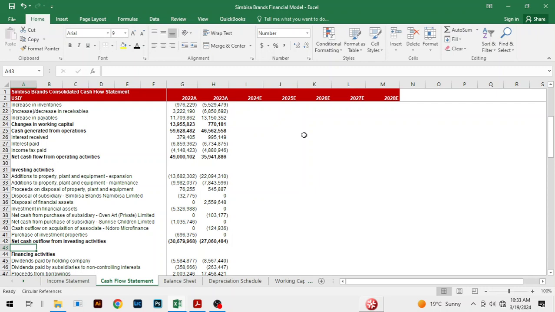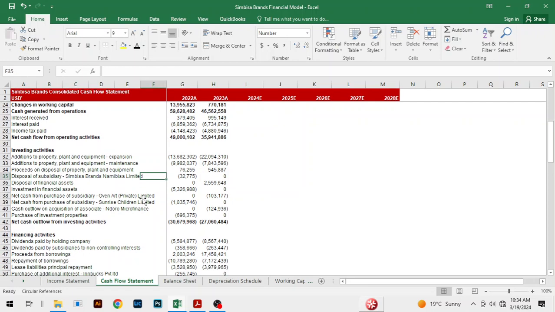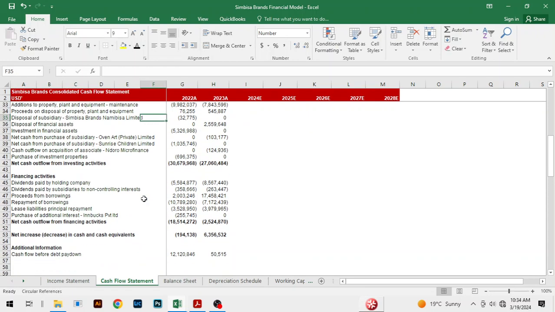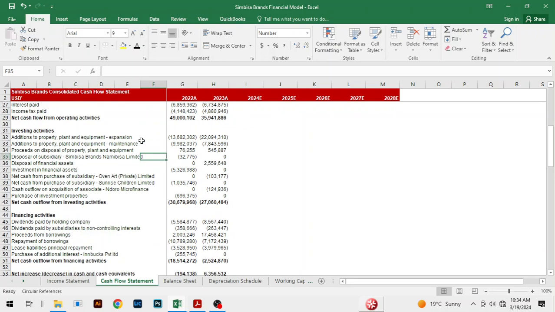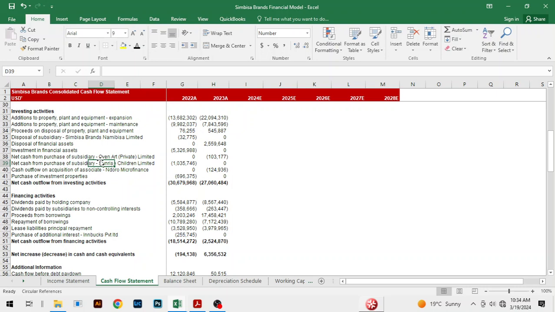And we are seeing that there's also an element of purchase of investment properties, and also acquisition of associate, something like that. So basically that's it in the investing activities. We mostly look at acquiring assets and disposal of assets, and also acquisition of equity interest in companies.